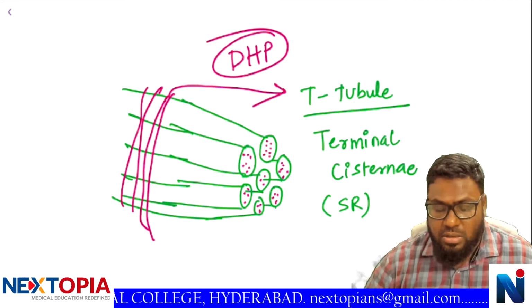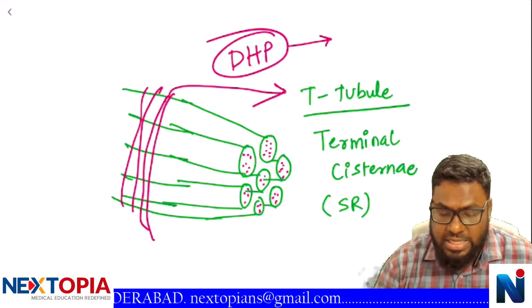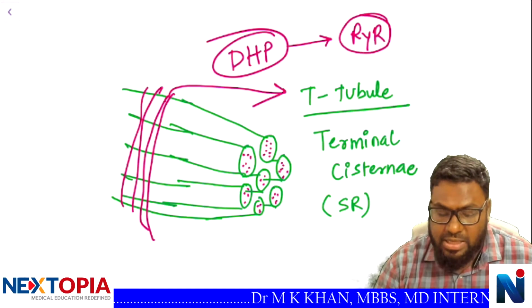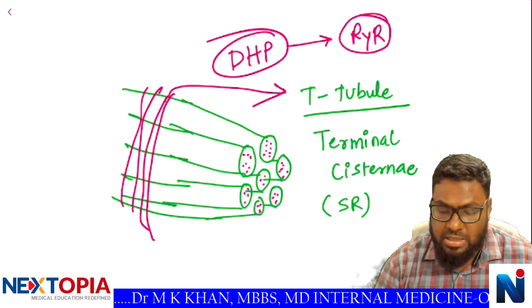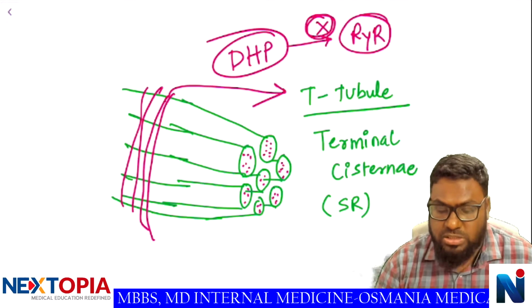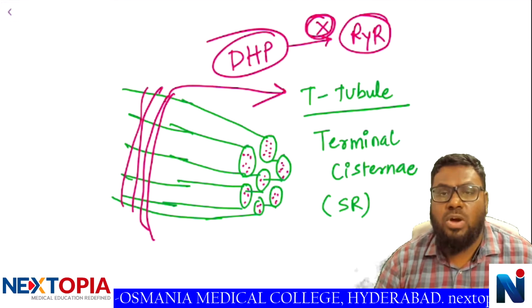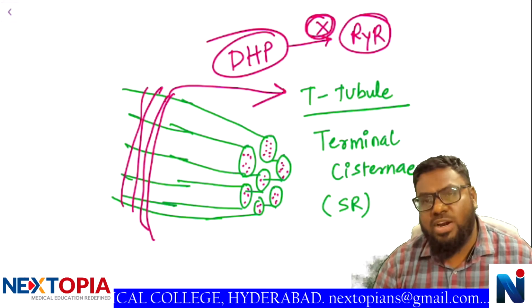And once there is voltage change, the blockage of the ryanodine receptor by the dihydropyridine receptor is lost. Once it is lost, removal of the DHP block allows calcium to diffuse into the cytoplasm.